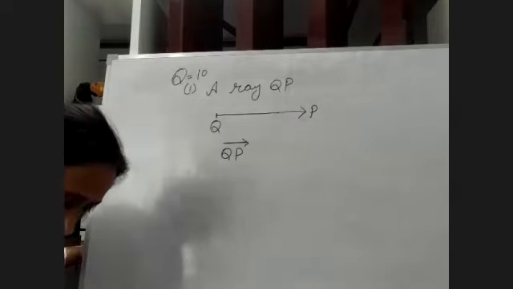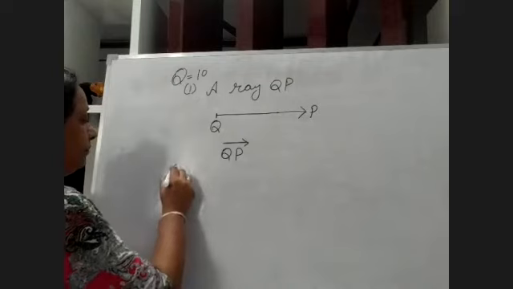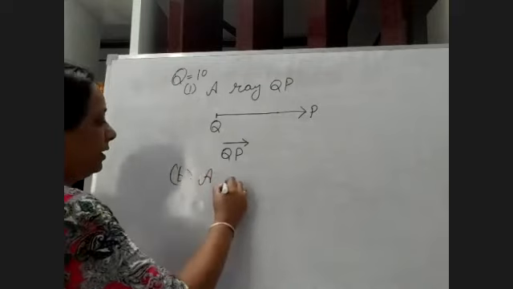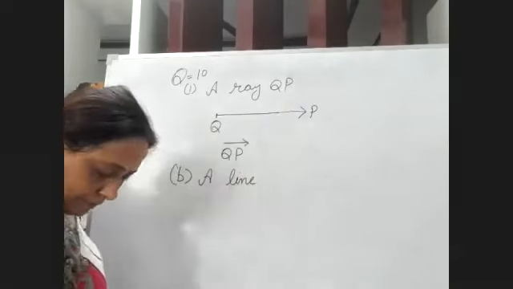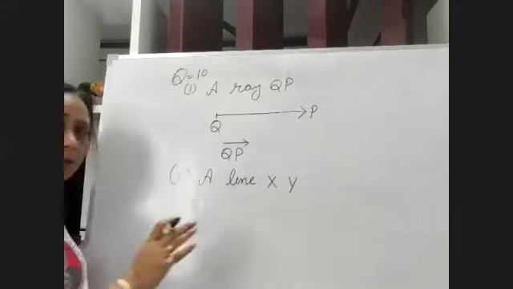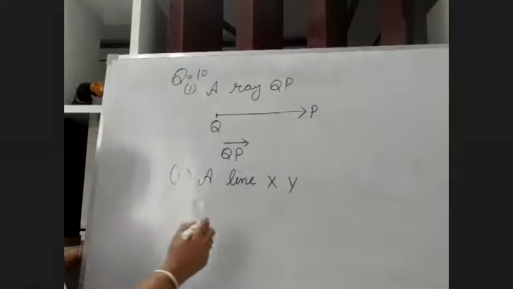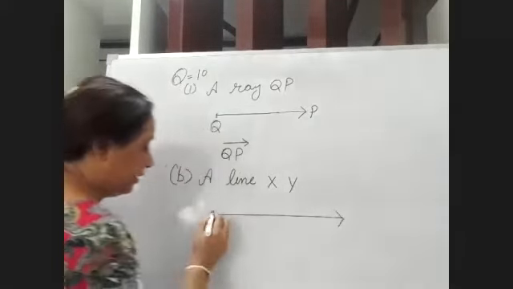Second is a line XY. Part B. A line XY. Yes, again, with the scale, draw a line and mark 2 arrows.